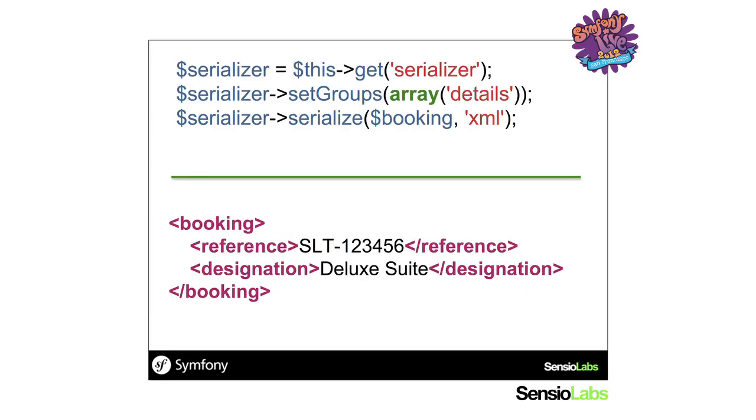So when you serialize your object, you have to prepare your serializer object with a list of groups. There's a setGroups method, and this setGroups method takes the groups you want to output. So all properties which are mapped with the details group will be displayed. In this case, I only have the reference and designation properties. I don't have the ID property.